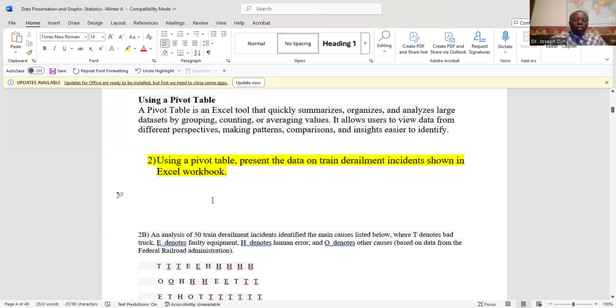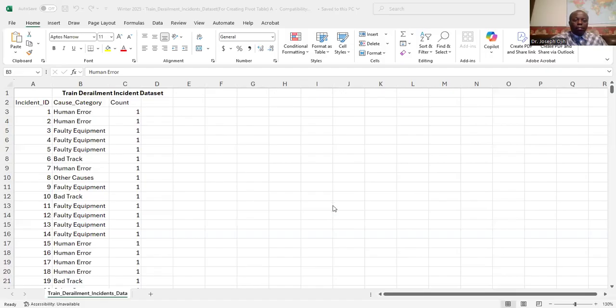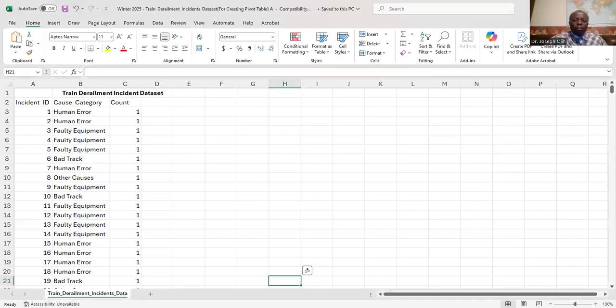Oh, excuse me. I'm going to close this one now. The Excel workbook right here, on train derailment. And see it right here. I need one.